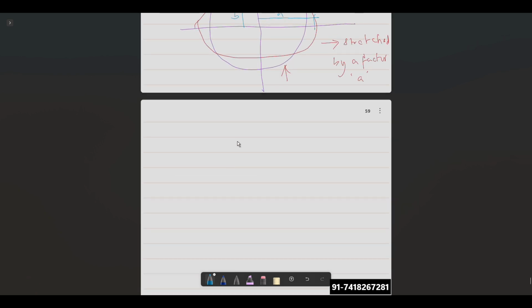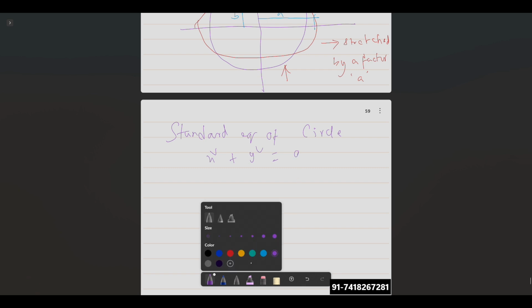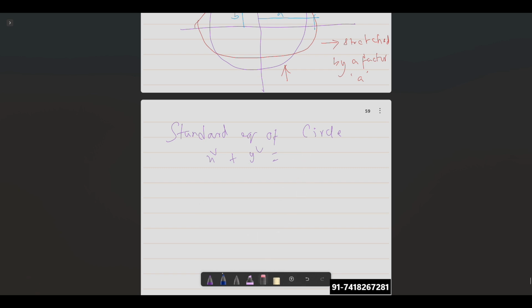So how do you arrive at it? What is our standard equation of circle? x square plus y square is equal to, say suppose this is a unit circle, 1 square, which is 1. So what is our parametric equation?